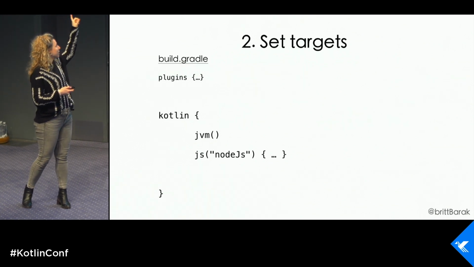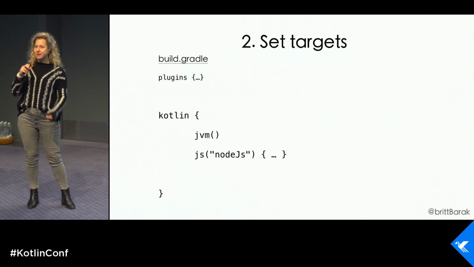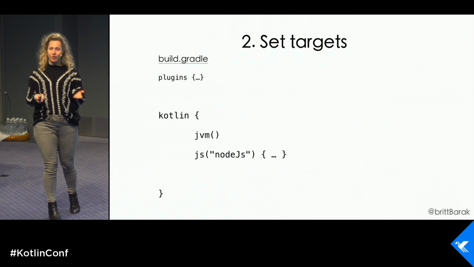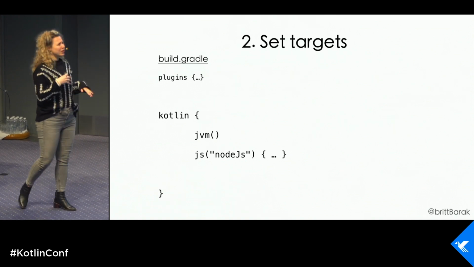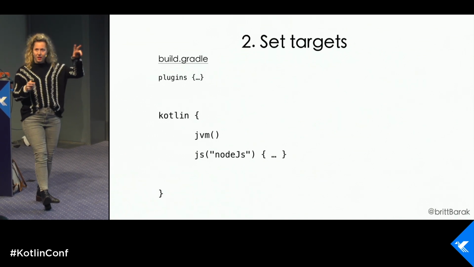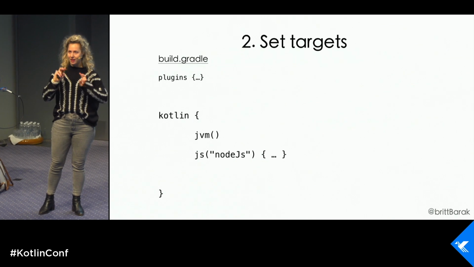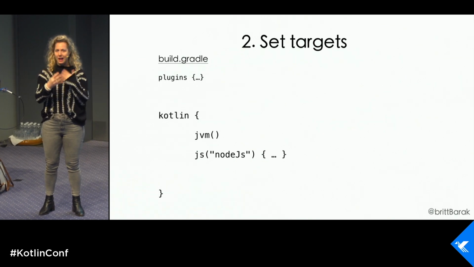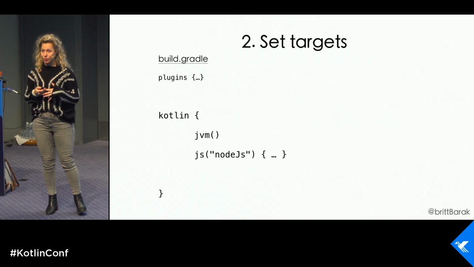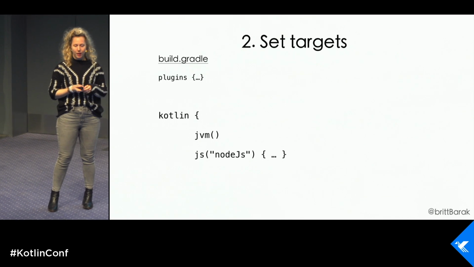So the JVM, for example, what I have here actually selects the default preset for running on the JVM. What I can do as well for each type of target, like I did with the JS, is to give it a specific name. So in this case, Node.js, I give it a name. And then in this clause, I can add some configuration or specific things that I want to add when I choose how to run and how it would work.